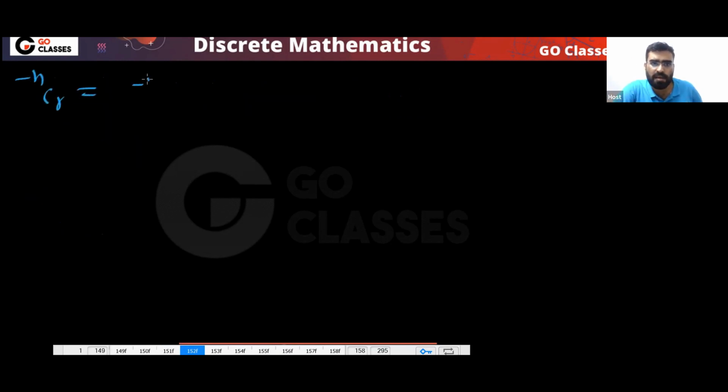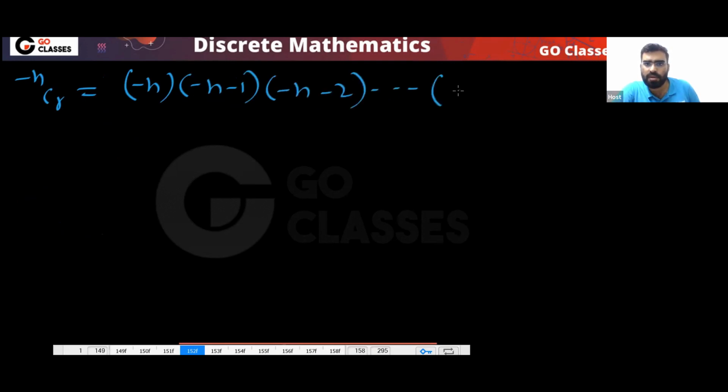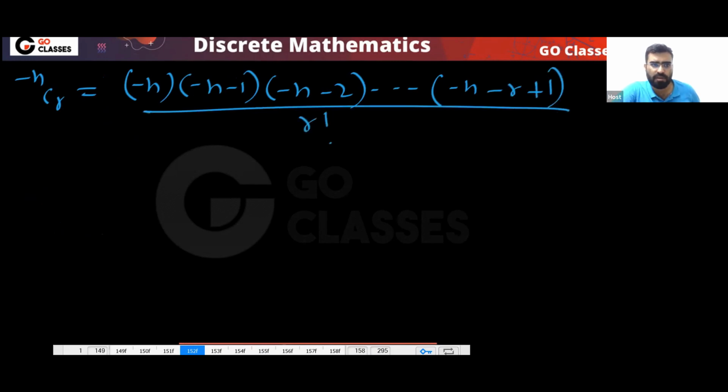It will be minus n multiplied by minus n minus 1, and so on. How many terms? Total r terms. And the rth term will be minus n minus r plus 1, divided by r factorial.